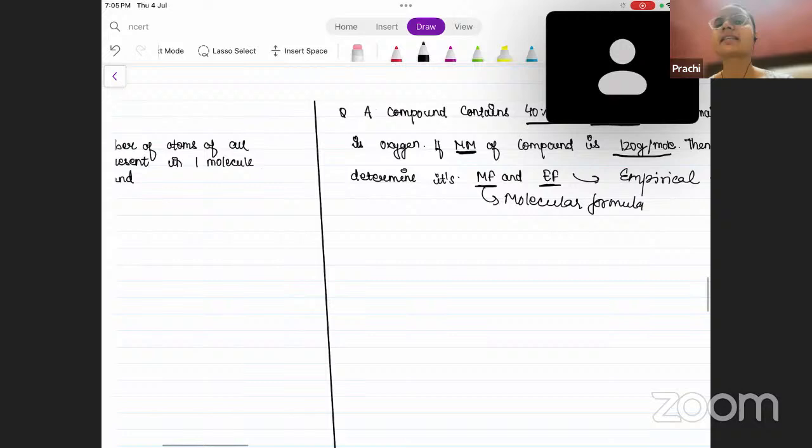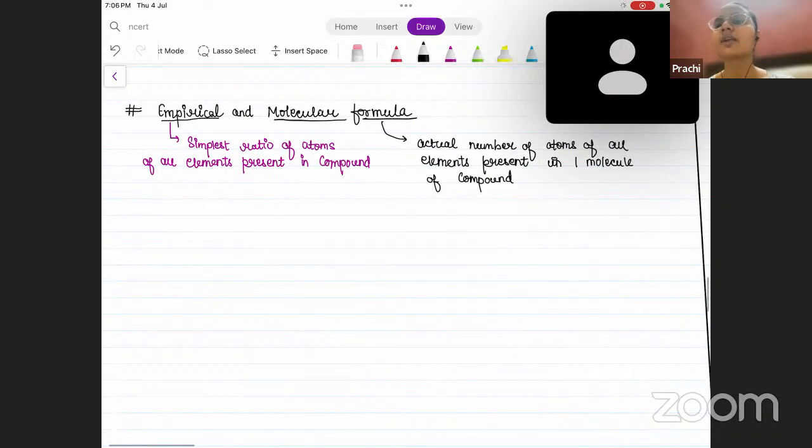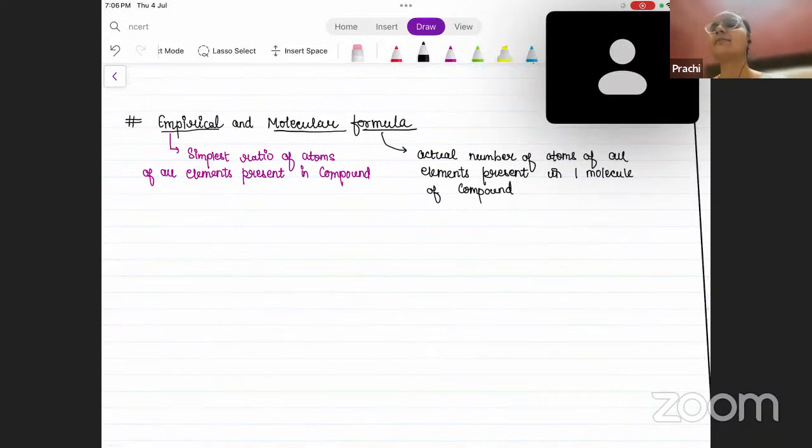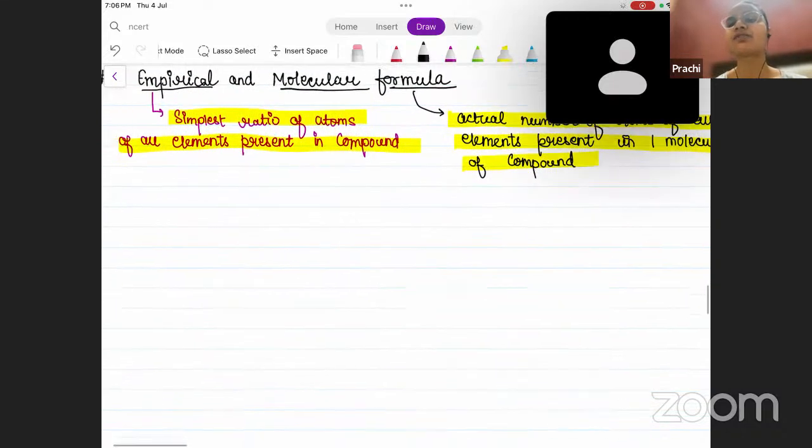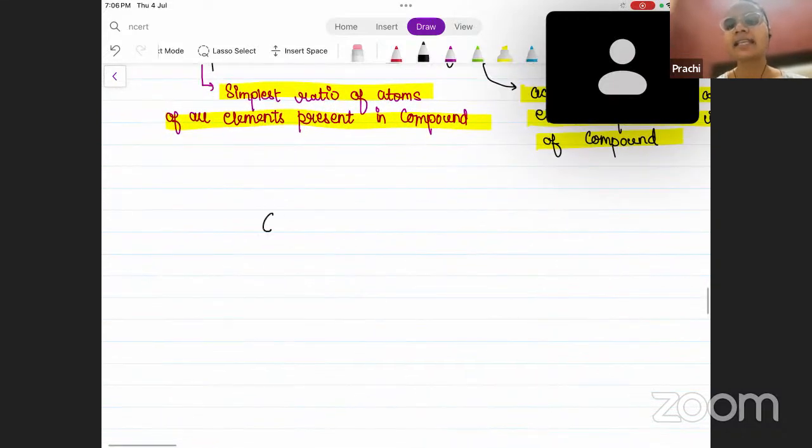The first thing that is important for us to know is what the empirical and the molecular formula are. The empirical formula is the simplest ratio of atoms of all elements present in a compound, whereas the molecular formula is the actual number of atoms of all elements present in a compound. So empirical is the simplest ratio. For example, let's suppose you have glucose, which is C6H12O6.